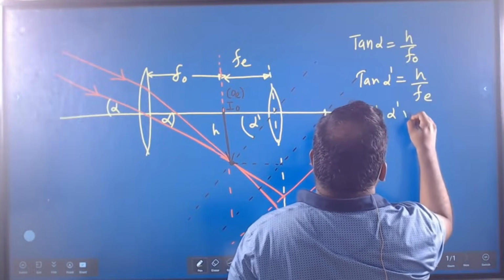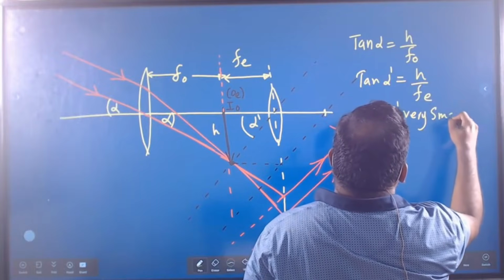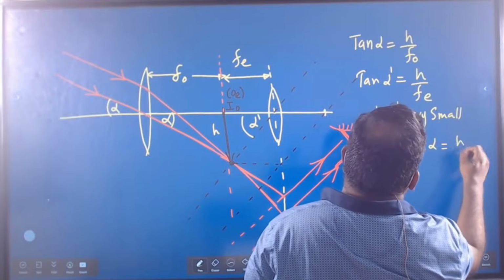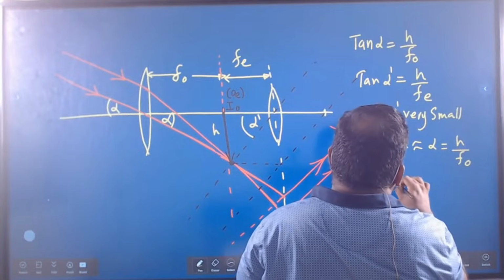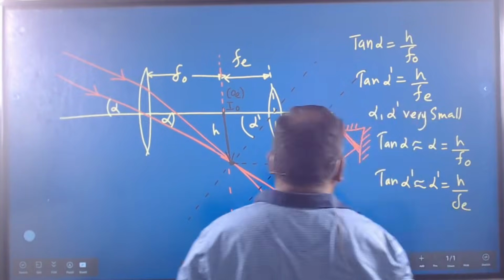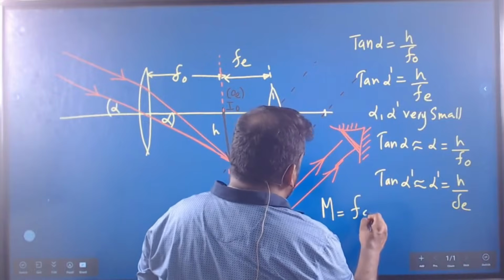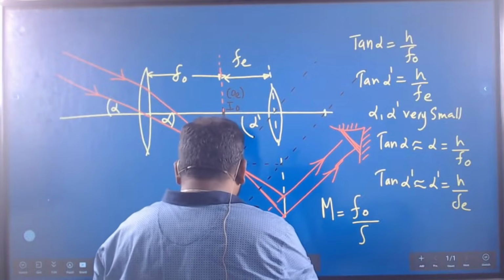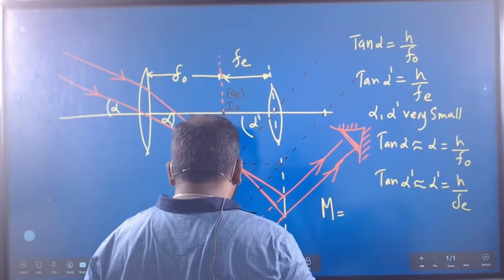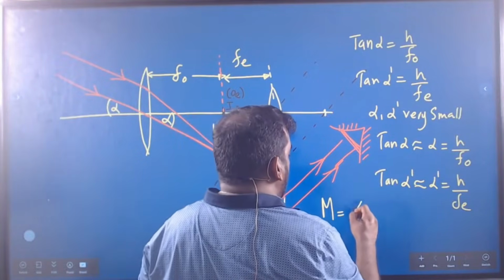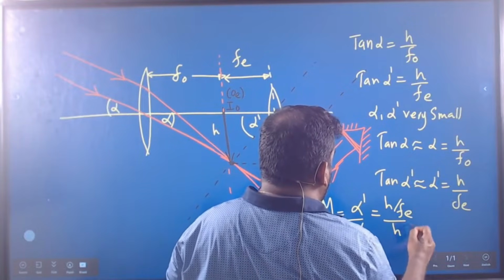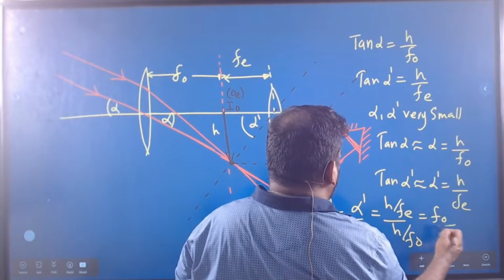Alpha and alpha dash are very small. Tan alpha is approximately alpha, h over f naught. Tan alpha dash is approximately alpha dash, h over f e. Using the definition, angular magnification is alpha dash over alpha, which is h over f e divided by h over f naught, giving f naught divided by f e.